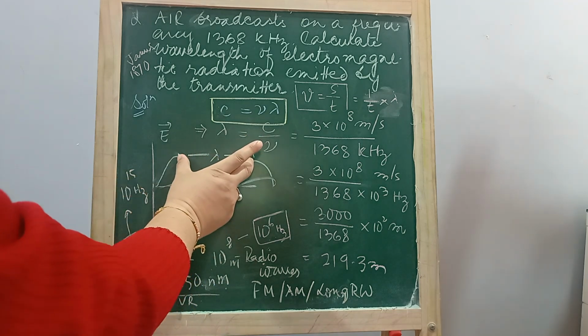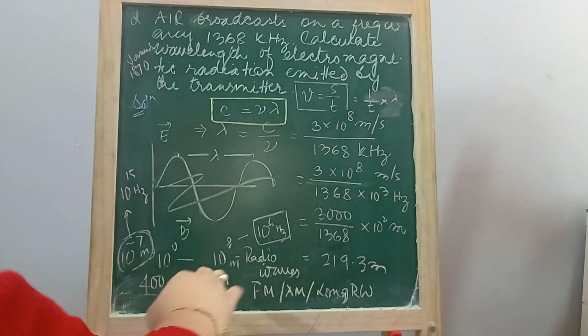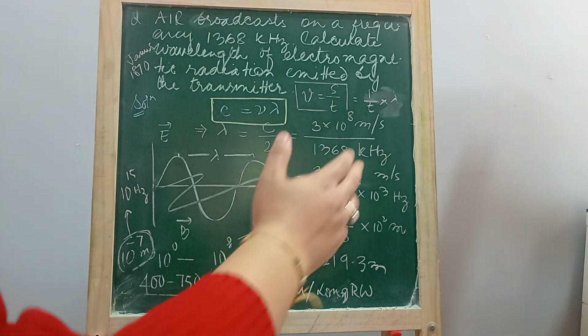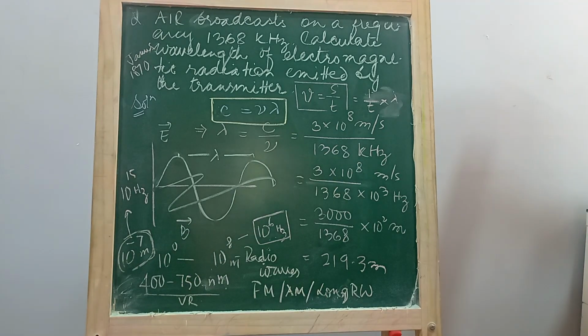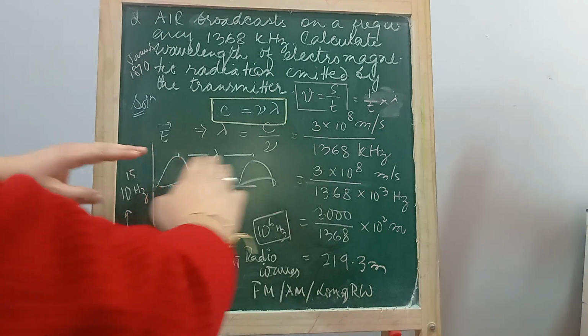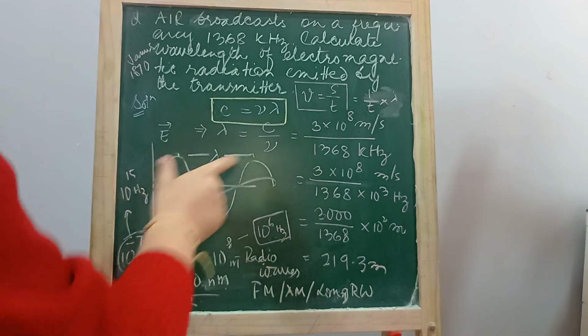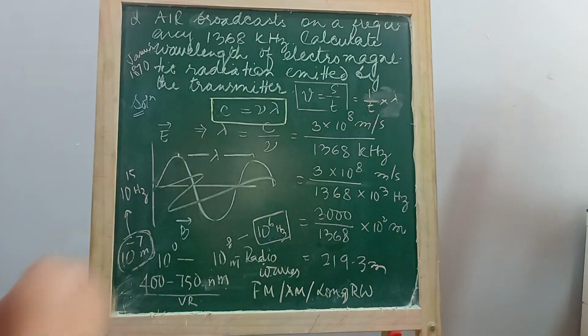The length can be 1 meter, or it can be up to 10 lakh meter. 10 to the power 8 means 1000 lakh meter. It may be up to that much length, one wavelength.